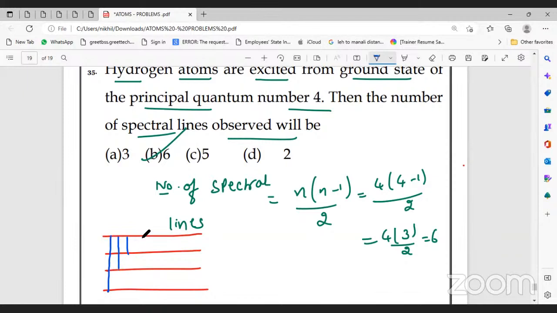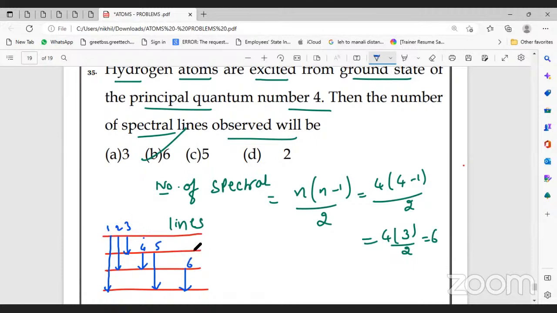Now you can take the transition from 3 to 2 or 3 to 1. So from 4 to 2 is possible, from 3 to 1 is possible. Now another possible one is from 2 to 1. So 1, 2, 3, 4, 5, 6.